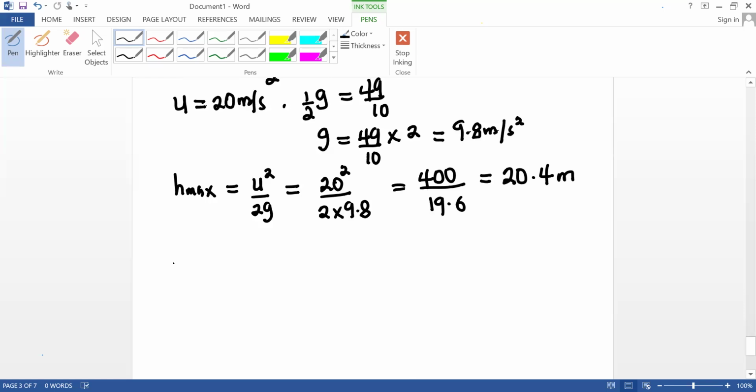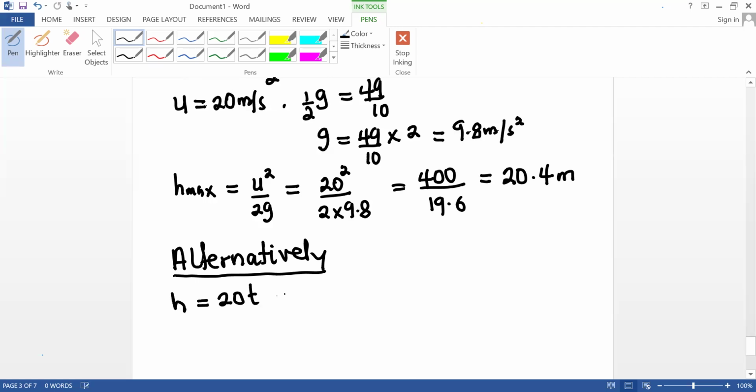So it's in line. The second method, which wouldn't be so familiar to you because of your level, is alternatively, I have h is equal to 20t minus 49 over 10 t squared, as what they gave me.